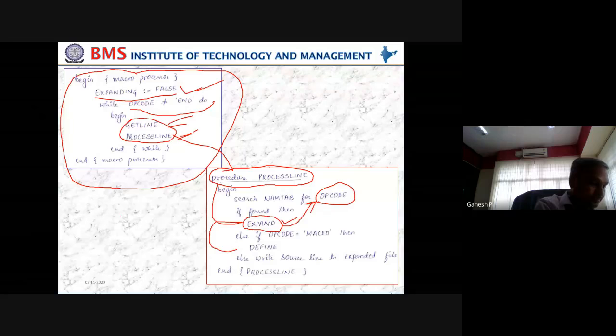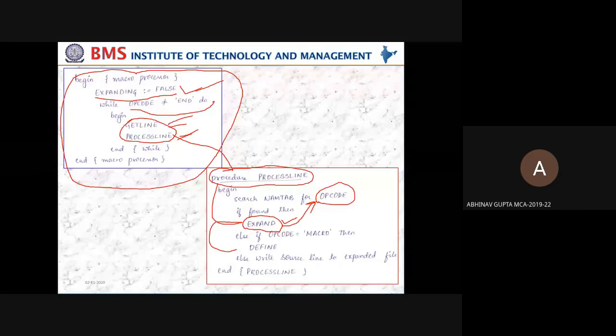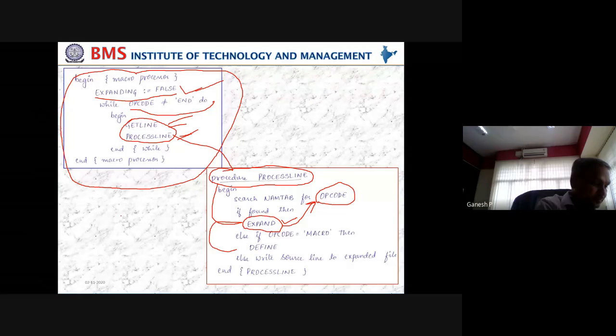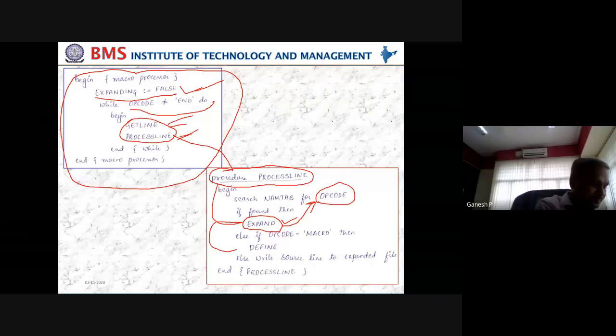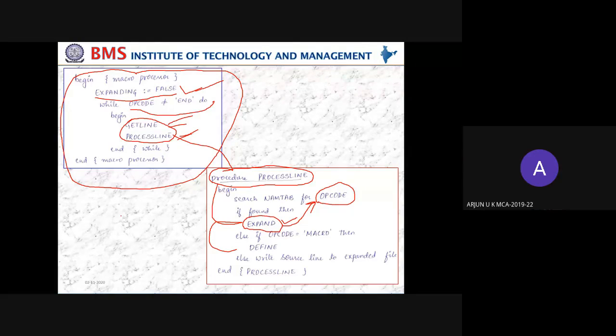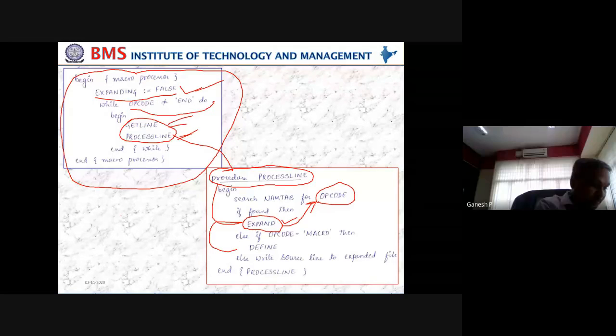Asta? Abhinav? Present, sir. Aishwarya? Ambrish? Yes, sir. Anu? Present, sir. Arvaz? Arjun? Present, sir. Ashok? Present, sir. Benita? Bhargavi?